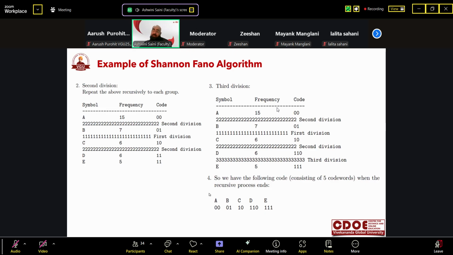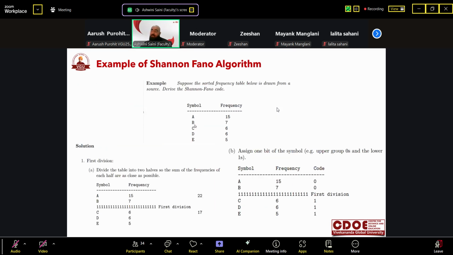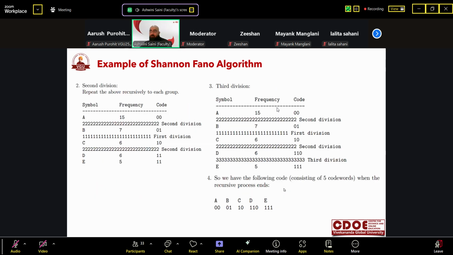If we check, A has the least code, like A B C and D E. A B C has code in 2 digits and D and E has code in 3 digits, so we can easily check that A B C has higher frequency than D and E. So D and E has frequency 6 and 5. I hope there were no issues related to these two.